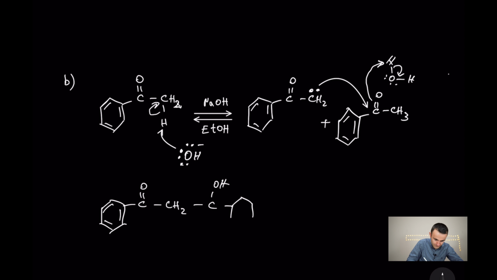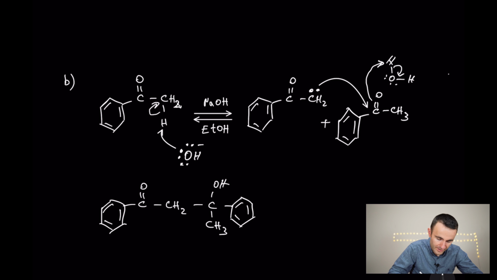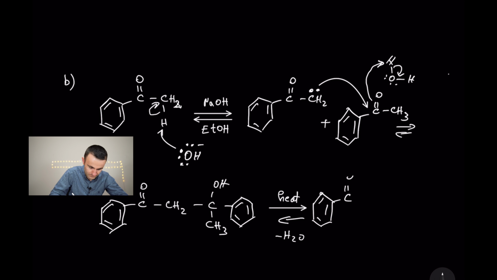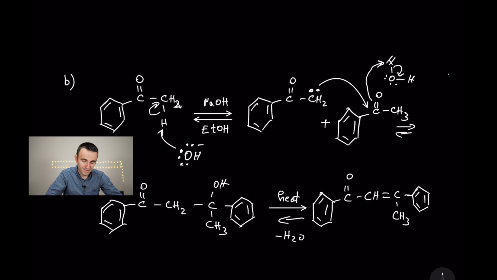Right? And the enone, that is the final step, minus one molecule of water, heat, it's going to be this compound. Right, this is going to be the final product of the carbonyl condensation.